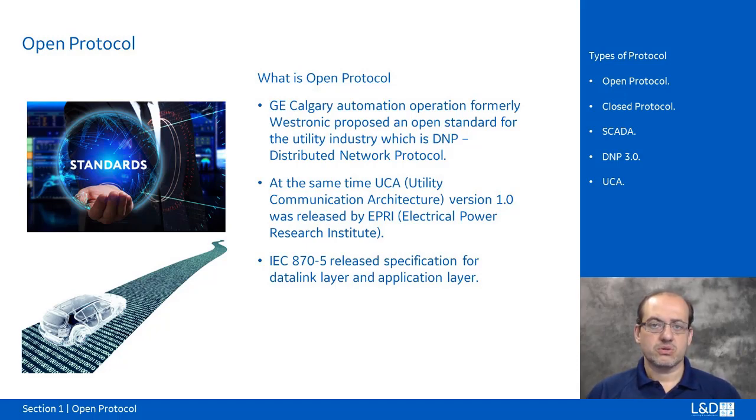So the DNP protocol is not the same as the 870-5 protocol, okay? And it was an open protocol, a shared protocol that came out around the year 1993, with the first shared released protocol to all the vendors.